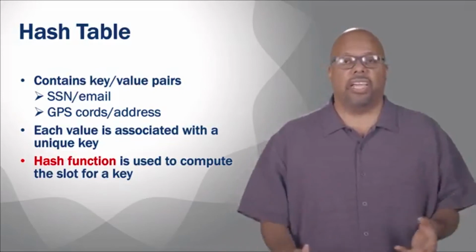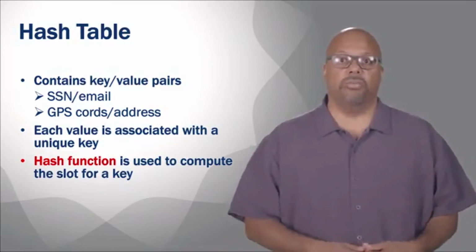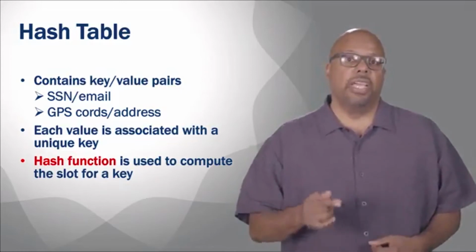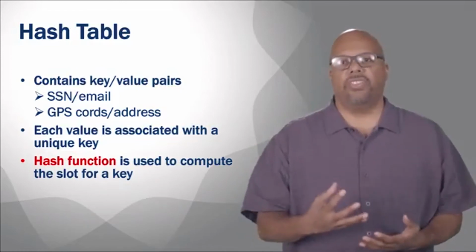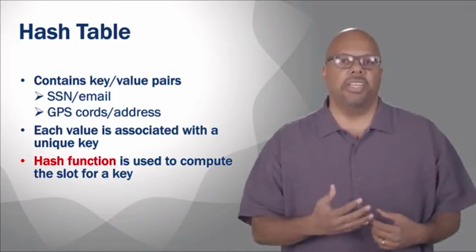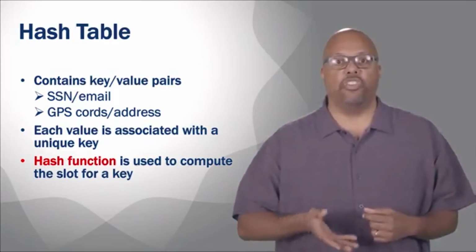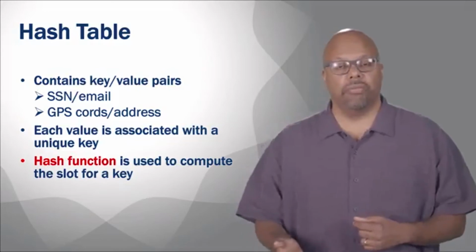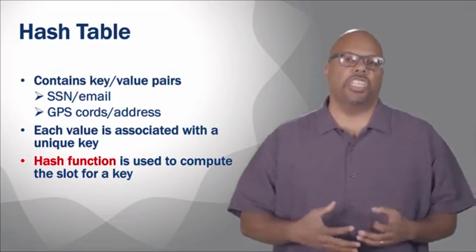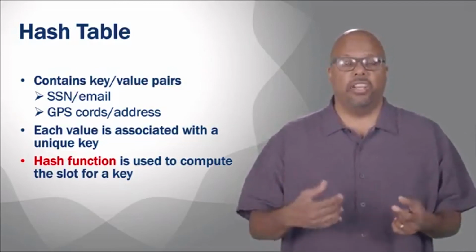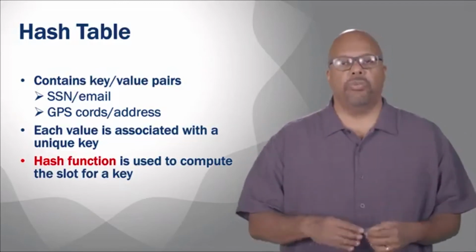It's got a lot of slots where you can put values in there, right? Now, which slot it puts the value in is based on the key. The hash function is used to process the key and generate the number of the slot that you want to insert the value into. So a hash function is a function that takes as its argument the key, and it returns the slot where you want to put the value.